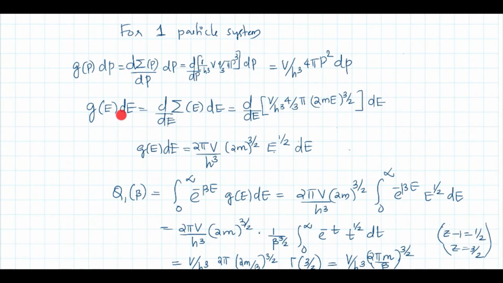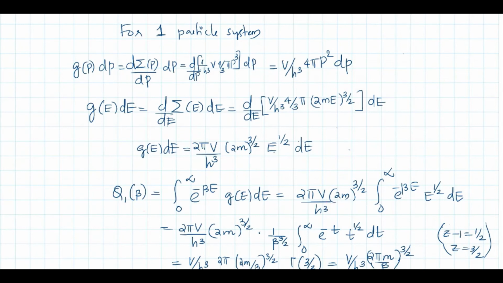In terms of energy, you can write it by substituting p cube as root 2mE whole cube, that is 2mE raised to 3 by 2. Taking the derivative with respect to E, you will get 2 pi V by h cube, 2m raised to 3 by 2, E raised to half dE. You can calculate the single particle partition function Q1 of beta: integral 0 to infinity e raised to minus beta E g of E dE.